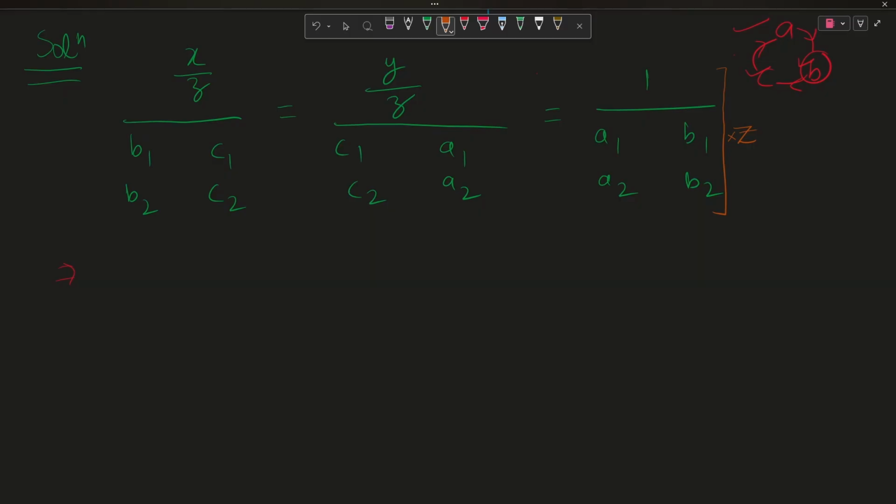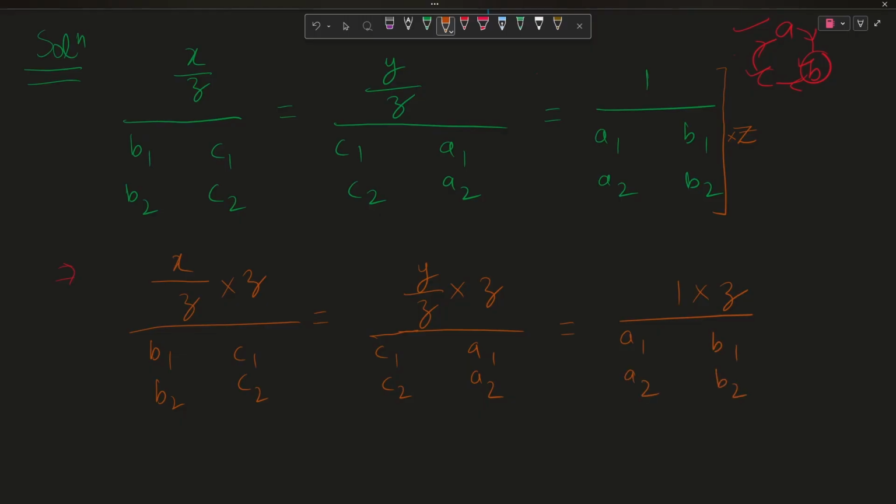After multiplying by z, I get x upon z into z, with the denominator remaining the same, b1 b2 c1 c2, equals y upon z into z, with denominator c1 c2 a1 a2, and multiply by z, a1 a2 b1 b2.